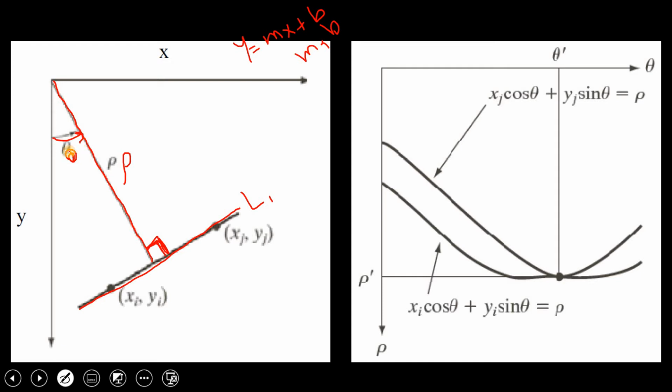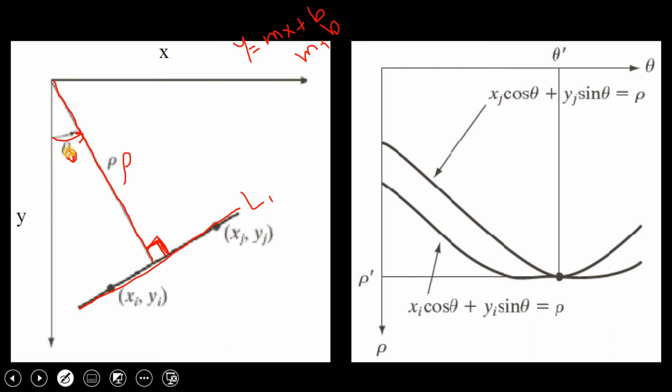So we now have two parameters, rho and theta, and if we know these two parameters, we can draw any line in our coordinate system.